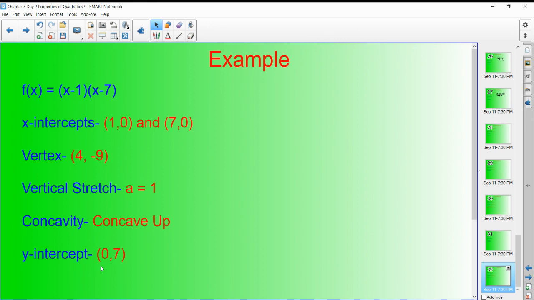And that's the 3 forms. We're going to be practicing standard form and vertex form and factored form, and we're going to be great at all of them. So make sure you continue to practice and you ask any questions you have about any of these 3 forms. And next lesson, we're going to take this information and put it on a graph.